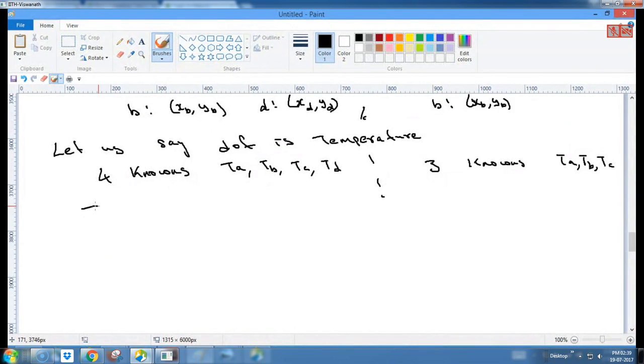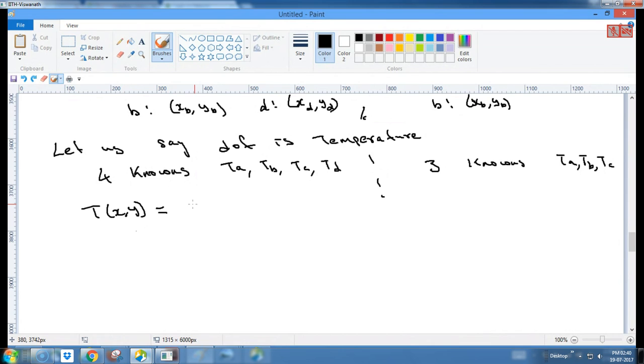Field inside this element, since it is 2-dimensional, let me write it. T is a function of X and Y. I want to write this as a function of Y. Now, how many unknowns do I have? 3 unknowns.